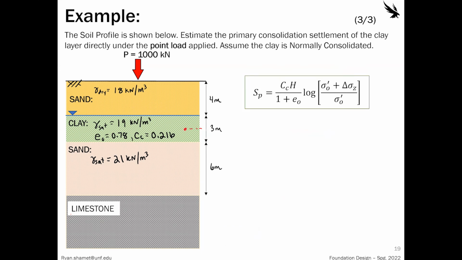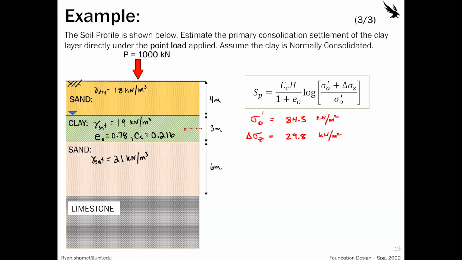Okay, so remember we have this equation. We found before that our vertical effective stress is equal to 84.3 kilonewtons per square meter. We found that our increase in vertical stress is 29.8, also in kilonewtons per square meter.